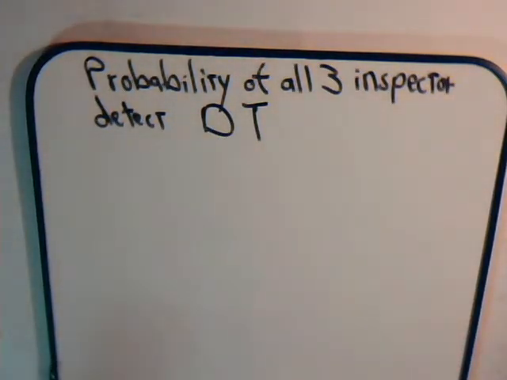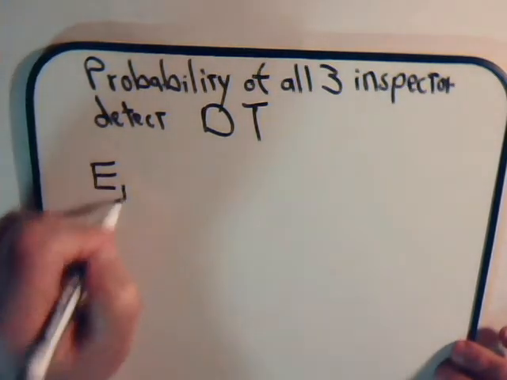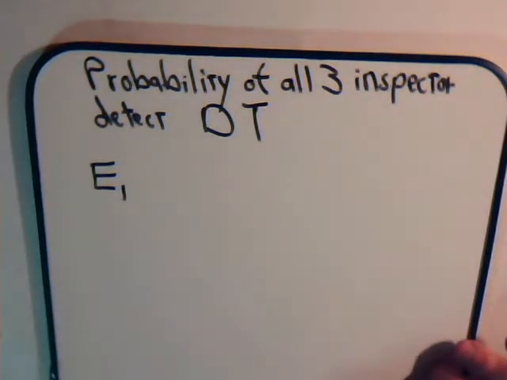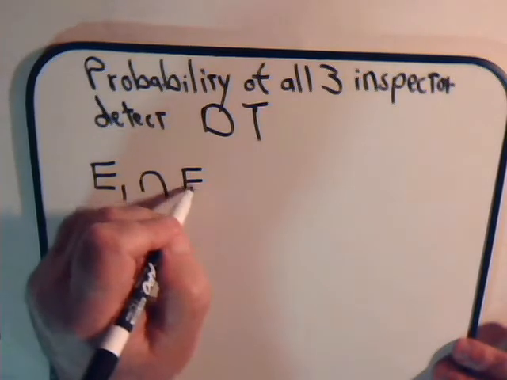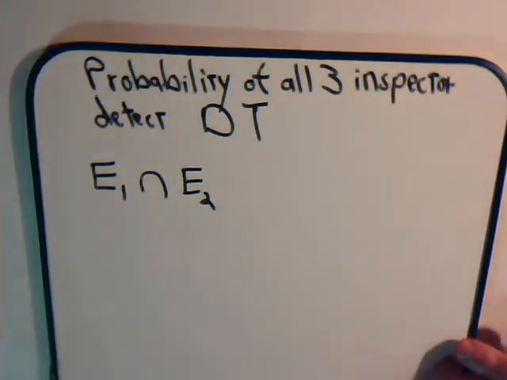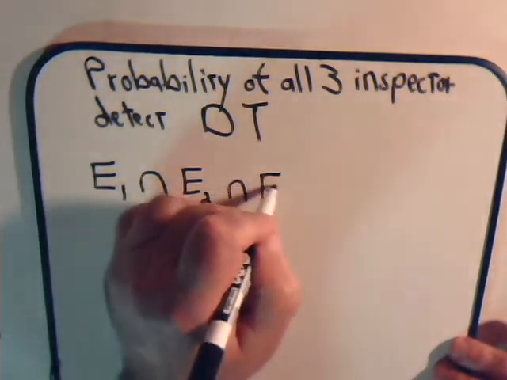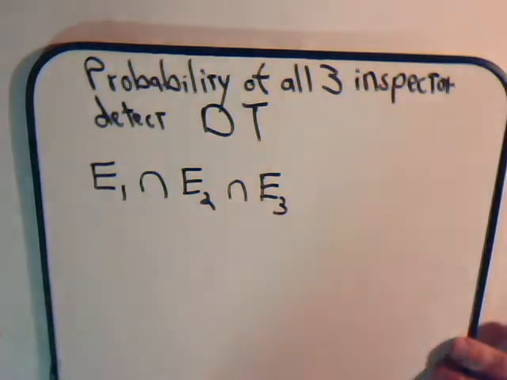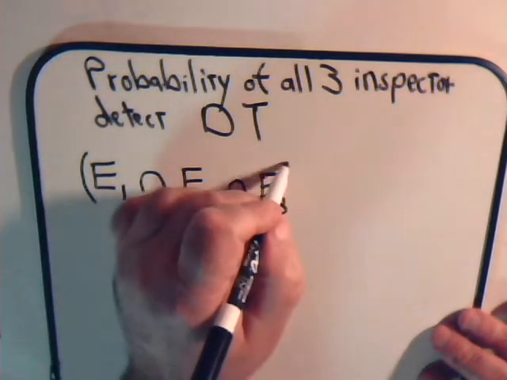So what are we talking about? E1, that's the event where the first inspector detects a defective transistor, and the second inspector also detects a defective transistor, and the third one does. Okay, these are all independent events. What is the probability of this happening?